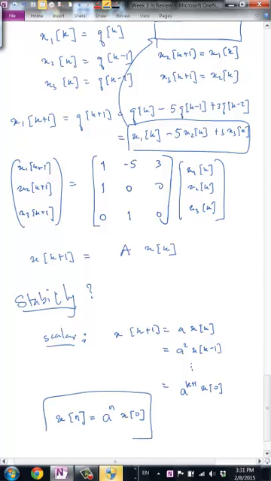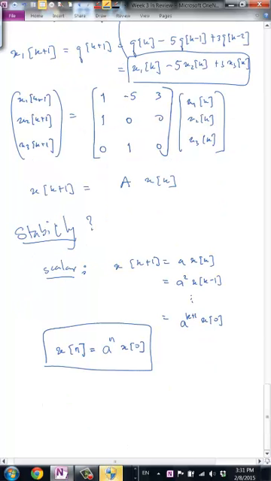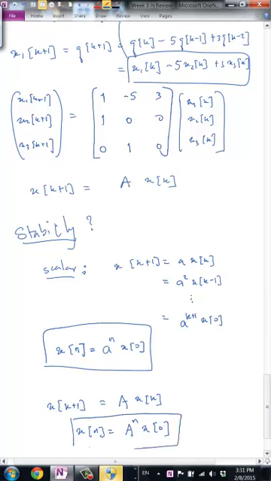And this is precisely true when I have x of k plus 1 as a vector equal to A times x of k: x of n is equal to the matrix A raised to the nth power times x of 0.